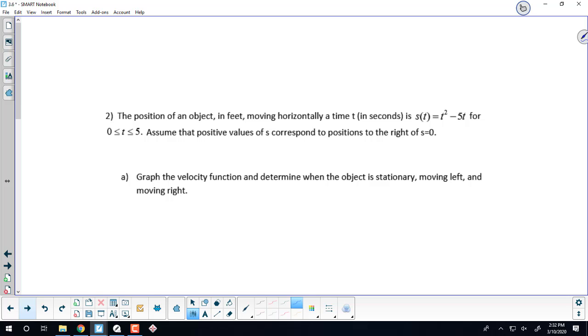So we want to graph the velocity function and determine when the object is stationary, when the object's moving left, and when the object's moving right. That entails that we find the velocity function. So what is the velocity function and how do we find it?